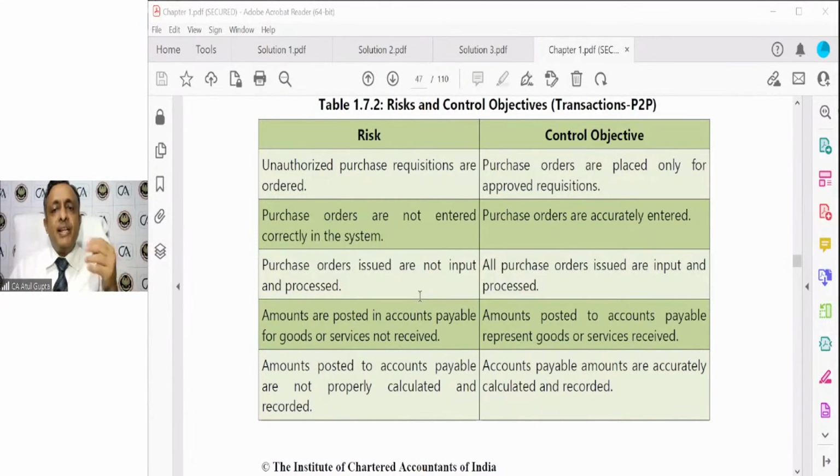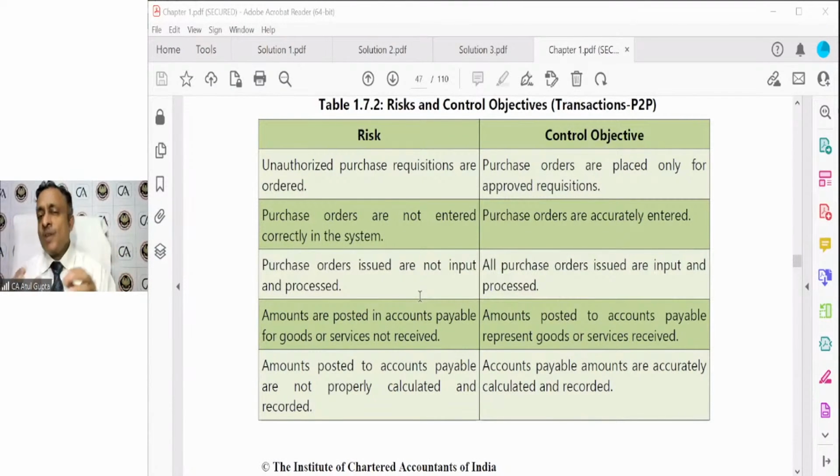Then purchase orders are placed for approved requisitions. So the control is that you approve and place. Now you are placing a purchase order, but it is not entered correctly in the system. Again, please understand, the way systems are working now, they work in an integrated manner. So a purchase requisition is not physical today, it is system driven. The approval is system driven. Once that purchase requisition comes to the purchase department, the approval is done there, and it is automatically converted to a purchase order.